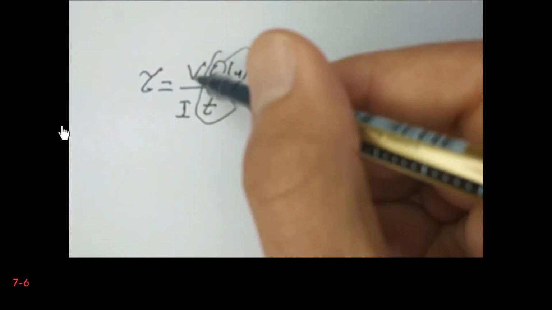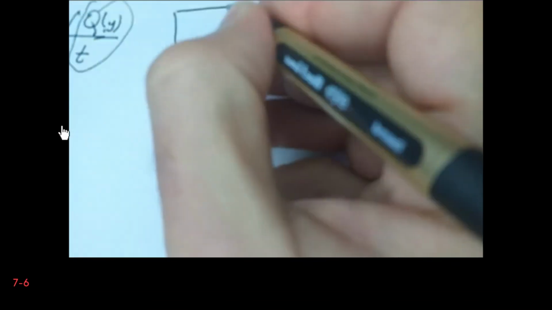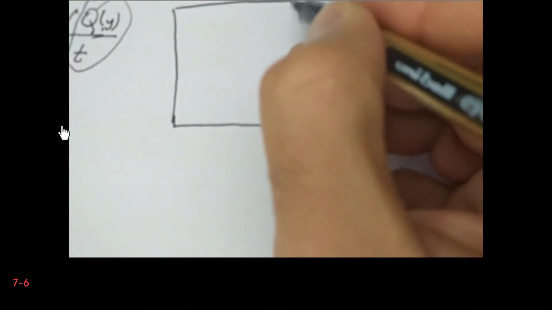Let's return back to our cross section then, after making this statement. We have a square cross section.